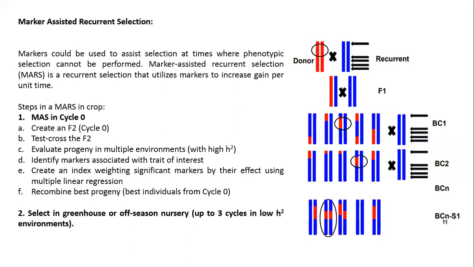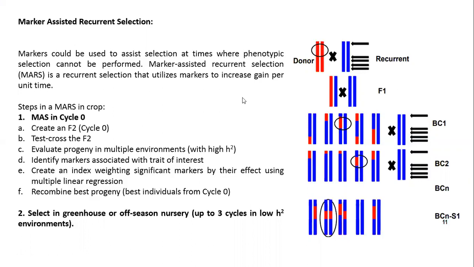Now, what are the steps in marker assisted recurrent selection in a crop? First, molecular marker assisted selection in cycle 0. That means we have to select some markers in cycle 0. What is cycle 0? Cycle 0 means we first create an F2.